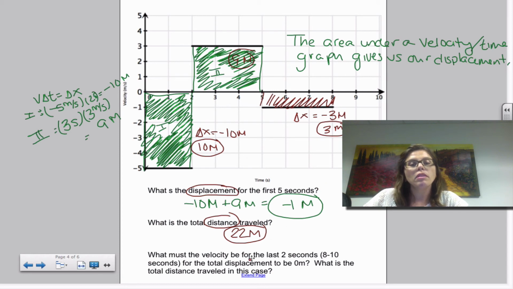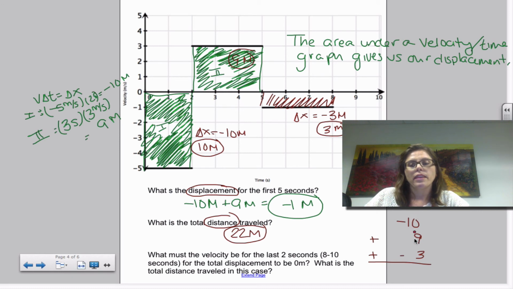Okay, what must the velocity be for the last 2 seconds, from seconds 8 to 10, for the total displacement to be 0 meters? Okay, so now we're looking at displacement. So displacement so far we have -10 plus 9 plus a -3, because those are our displacement values that we just found.